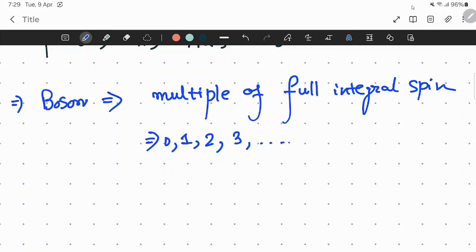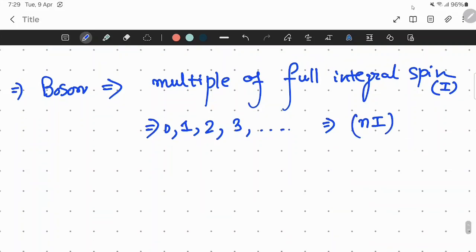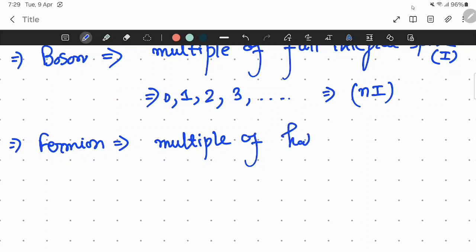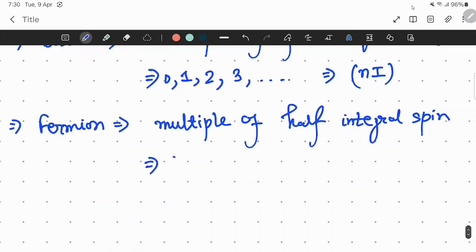If spin is, let's say, I, then eventually it will be nI. Okay, like this. And fermion, we know this will be the half integral spin. For fermion, which means half, 3 by 2, 5 by 2, this.